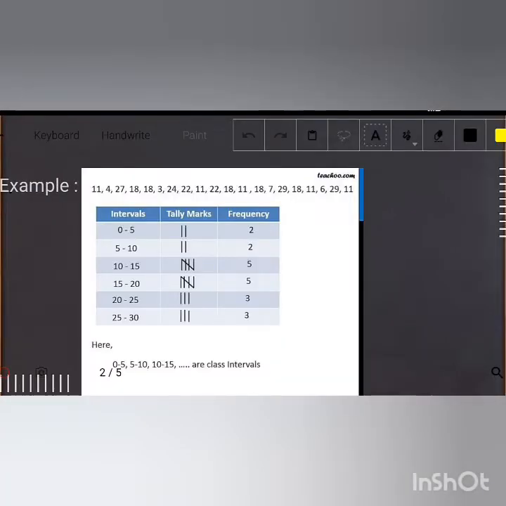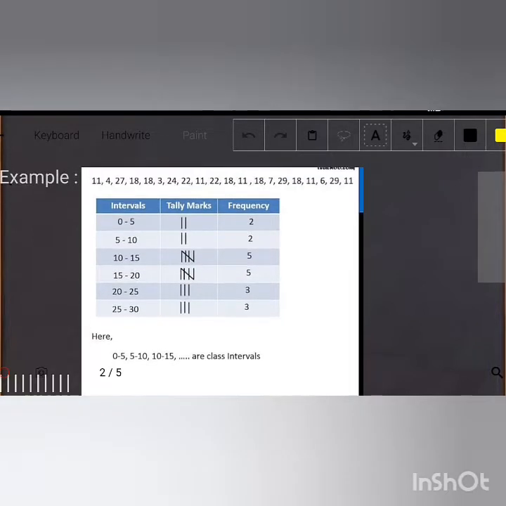Here you can see some data, that is 11, 4, 27, 18, 18, 3, 24, 22, 11, 2, 22, 18, 11, 18, 7, 29, 18, 11, 6, 29, 11. These are all observations.